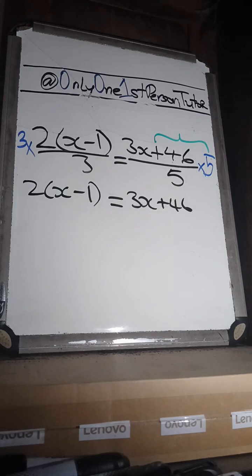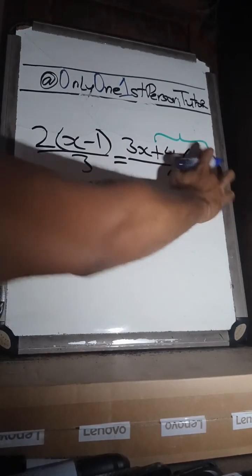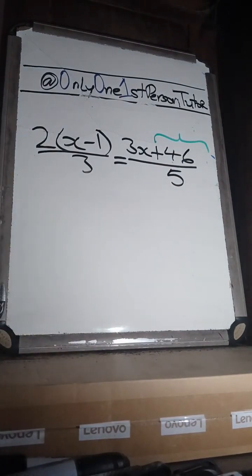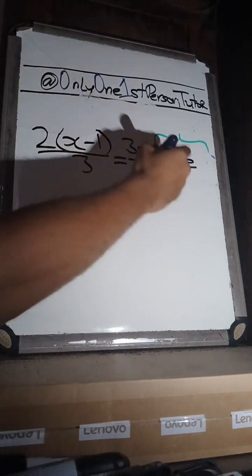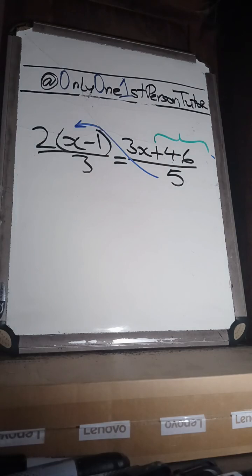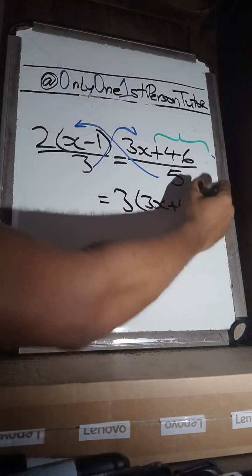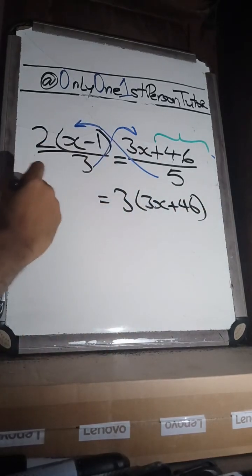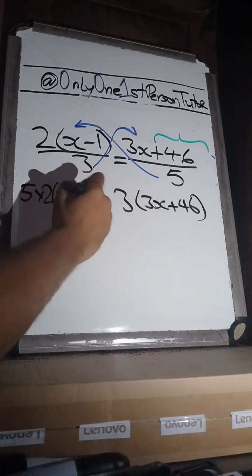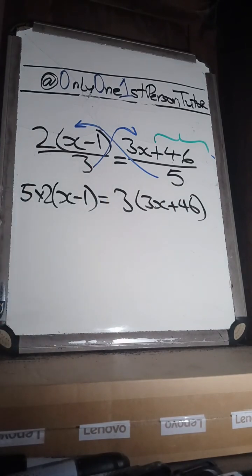Yeah. So, just to save yourself time, multiply both sides by the 15. Because otherwise, let's do it the normal way, right? If we were to cross multiply, we're multiplying 5 by that, and we're multiplying 3 by that. So you'd end up with 3 in front of 3x plus 46 and 5 times, right?